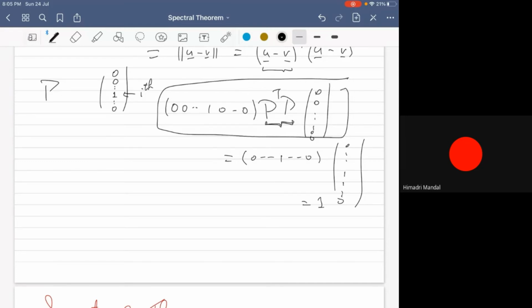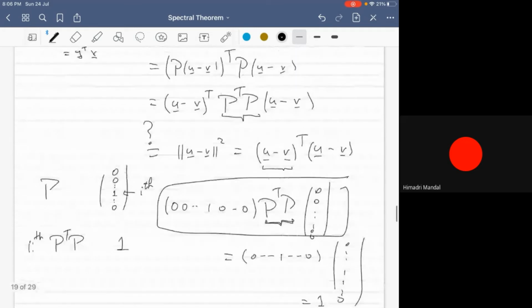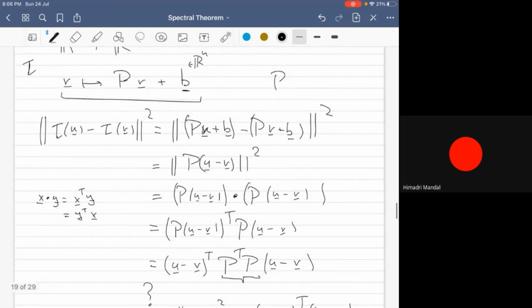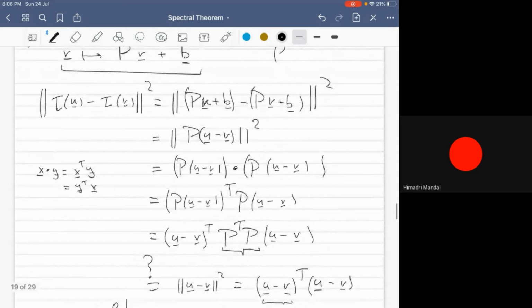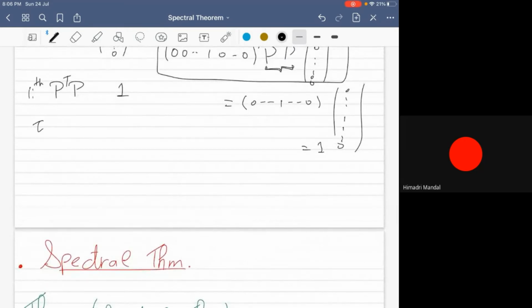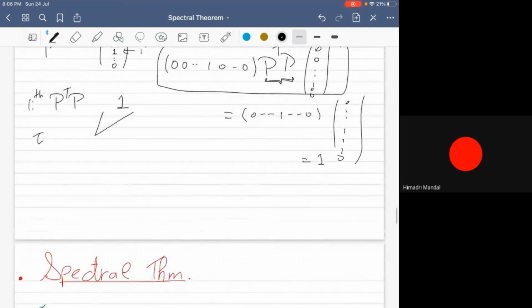So the ith diagonal entry of P transpose P would be 1, and for the ijth entry, notice that because an isometry also preserves angles, it also preserves dot product.